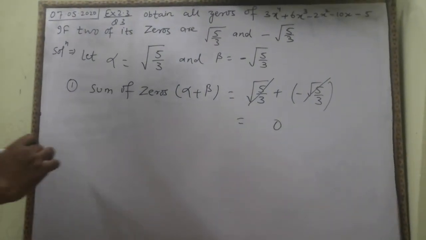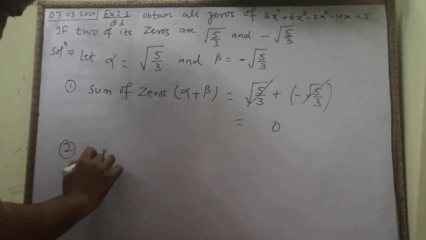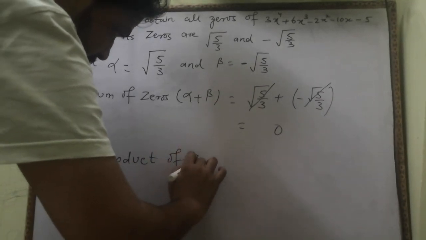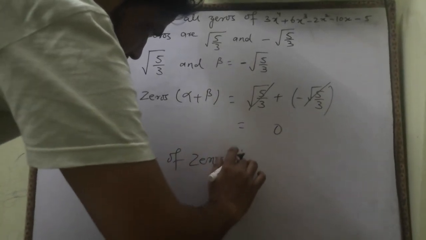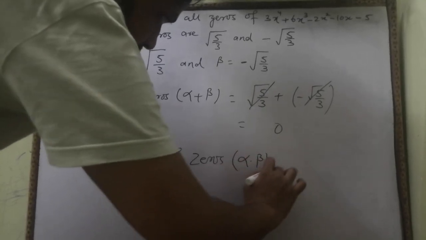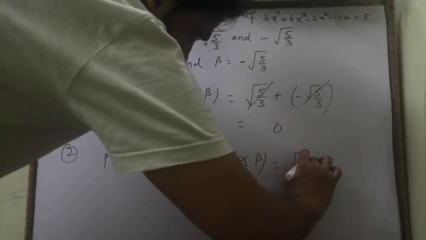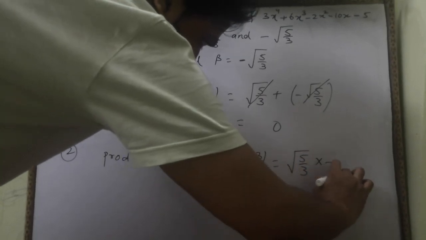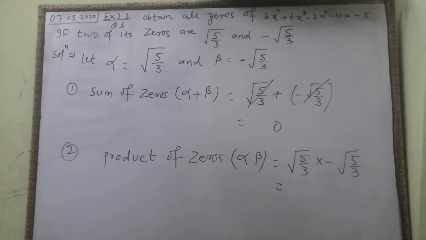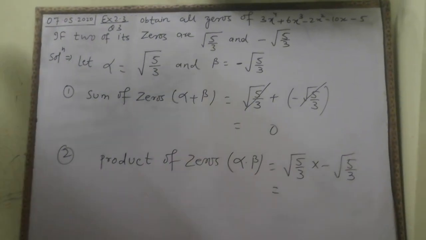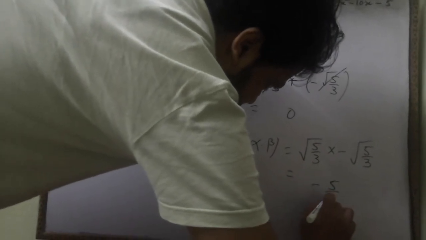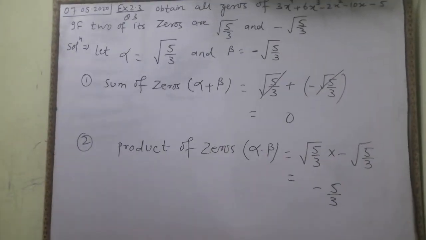Now after that we will find the product of zeros, that is called alpha into beta, and it will be root 5 by 3 into minus root 5 by 3. The same terms exist, so the square root will be removed and the result will come as minus 5 by 3.